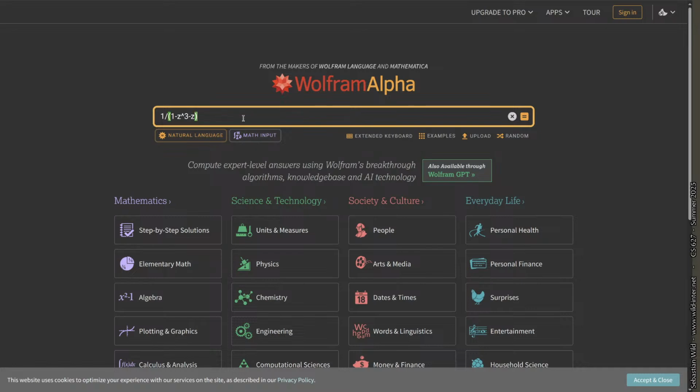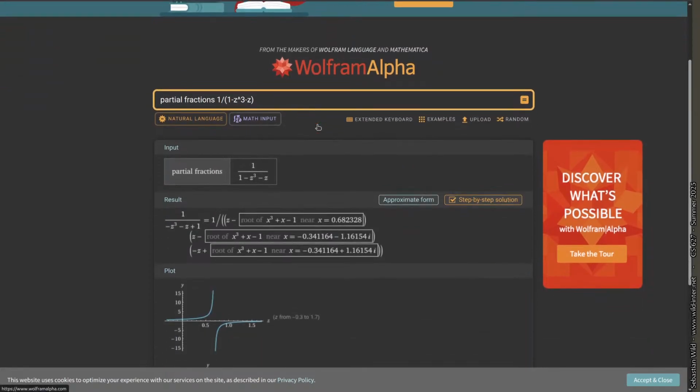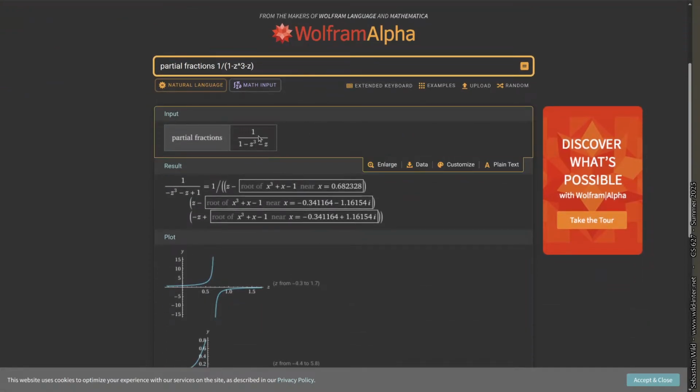Okay, yeah, that's right. Let's see if it can say partial fractions immediately. Partial fractions of that. So people know Wolfram Alpha. It's a lovely tool where you can take natural language input and it translates it into Wolfram language or their mathematical language. So you should always double check if the input that they understood from your query is what you had in mind. But apart from that, the rest is provably correct algorithms.